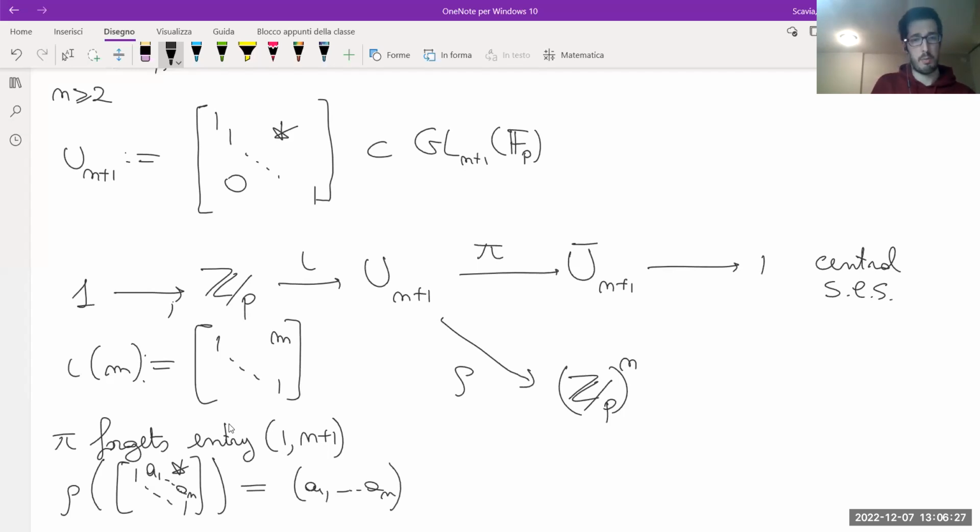The point is that if you have an upper triangular matrix and you take some fixed coordinate, that will give you a function to Z mod p in general, not a group homomorphism. But if you choose the first upper diagonal, then these coordinate functions are actually homomorphisms, and so they define this homomorphism rho. And it is trivial on the center, so it factors through pi. Okay, so we have this situation.